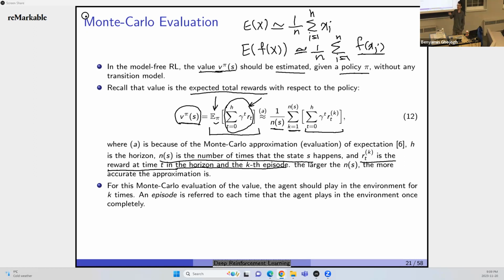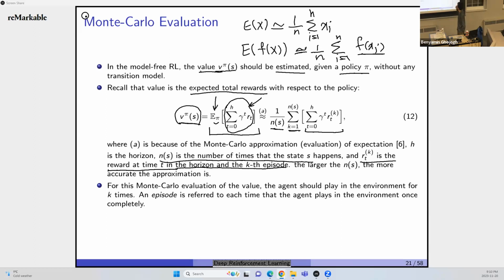They also call it a trajectory. So there are different names in the literature of RL, because you can see a trajectory of the actions. So trajectory or episode. In the kth episode, my reward at time t, I denote by R_t^k. So that's one thing.